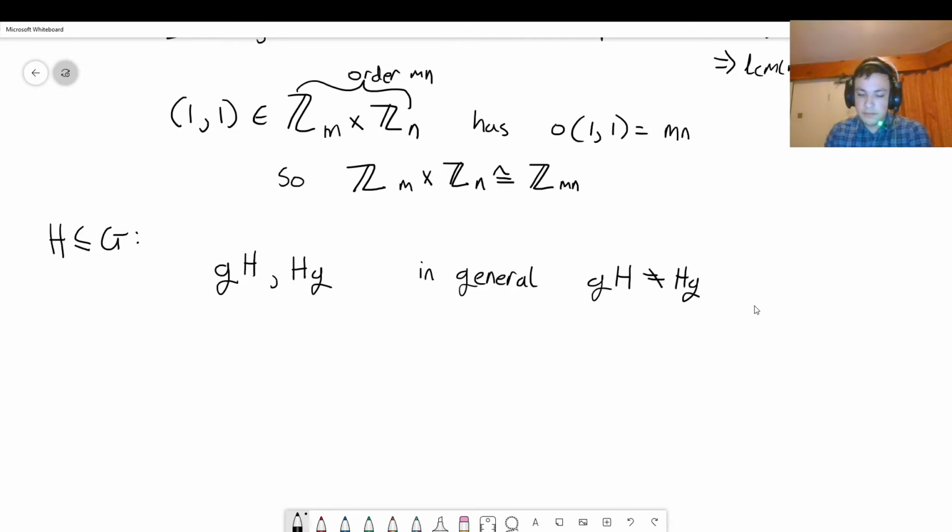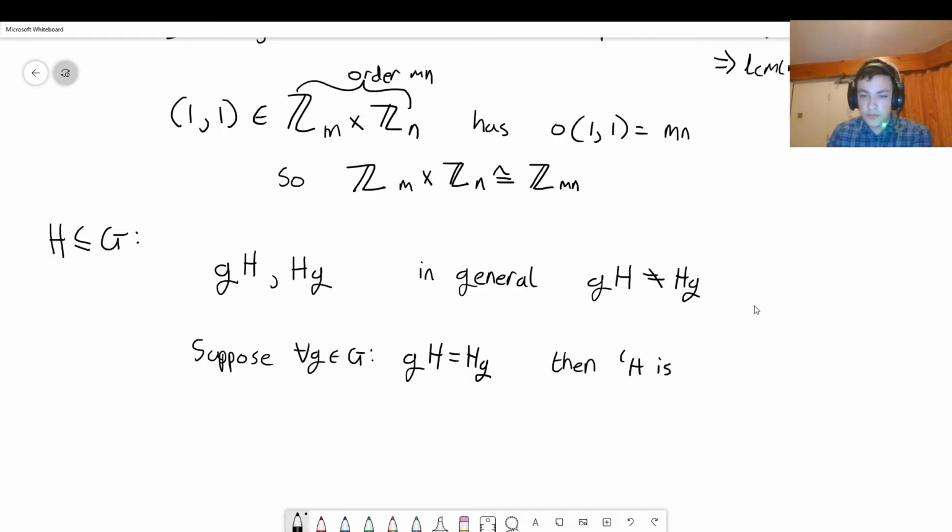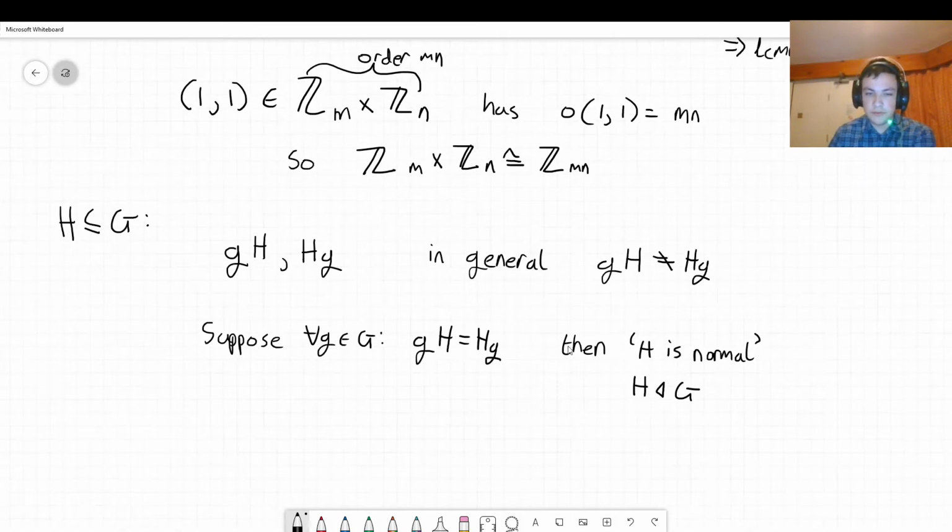Okay, so let's suppose that the cosets are equal, so suppose for all g in G, gH is equal to Hg. So this is now a special type of subgroup. Then H is normal. So a normal subgroup is a special kind of subgroup, and we give this special notation with a triangle instead of the less than or equal to sign. So H triangle G: H is a normal subgroup of G.